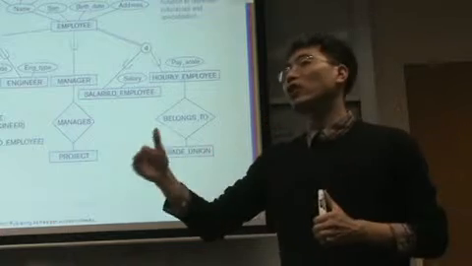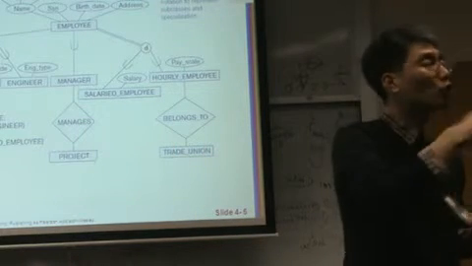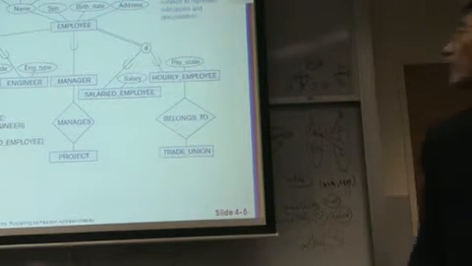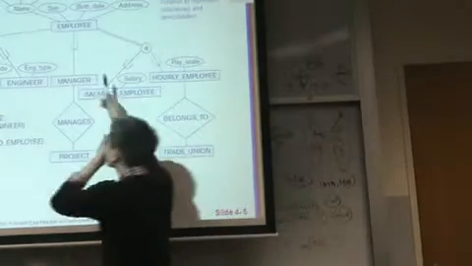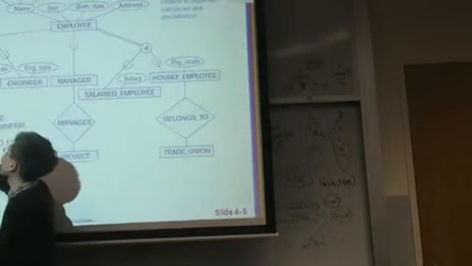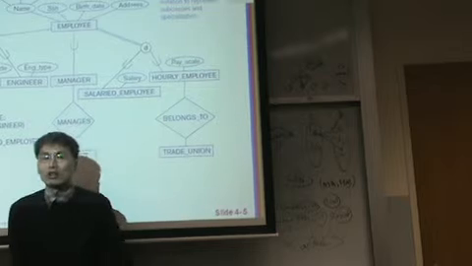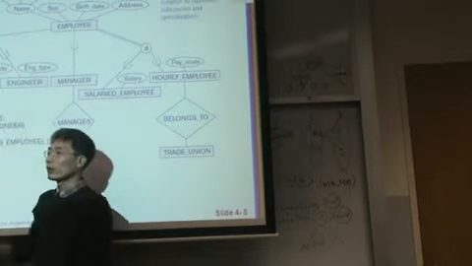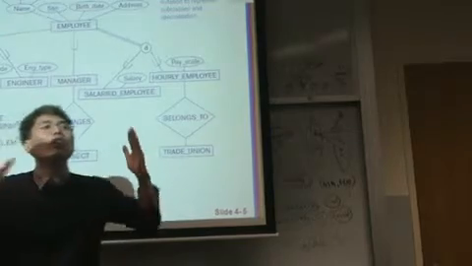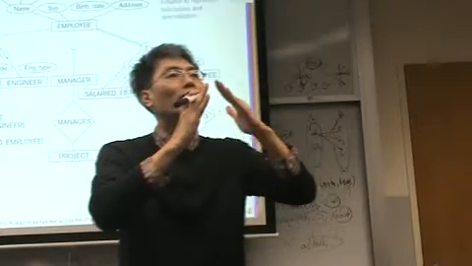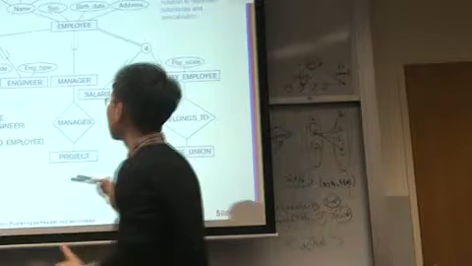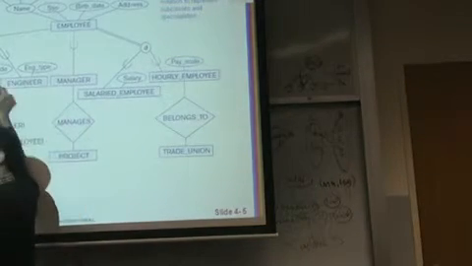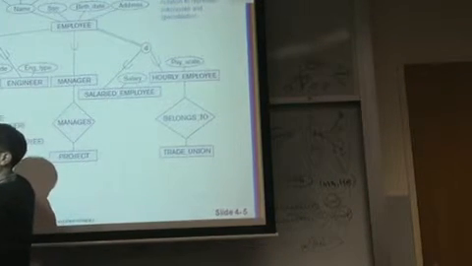That is the same thing in the database and the data that you are going to manage. For example here, secretary, technician, and engineer are types of employee. Then you can generalize into what? Employee. All of them are employees.